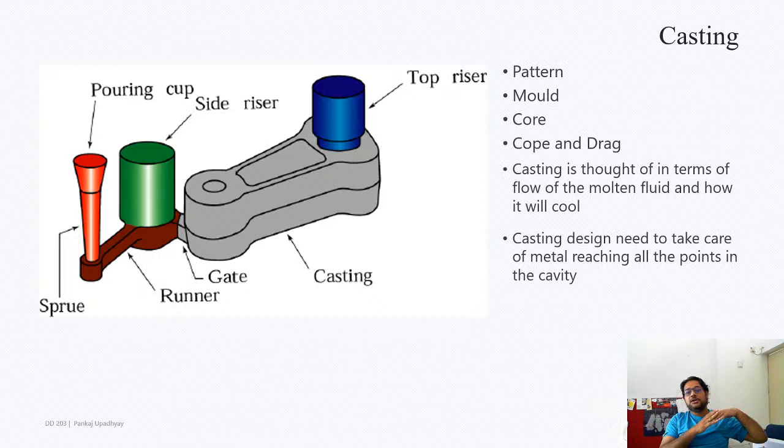After the runner, there's a small space created here. All of this, this green part, is optional. It depends on the shape that you are trying to cast.